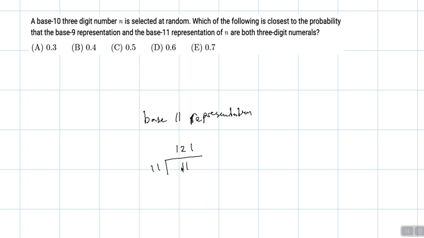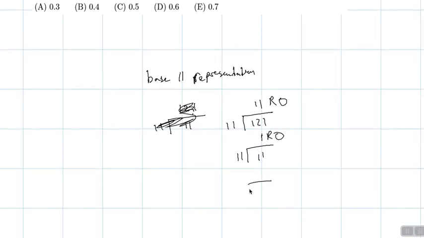So for example, 11 times 11 is 121, remainder 0, and we keep this 11 goes here, and we keep doing this, 1 remainder 0, now the 1 goes down here, and so the base 11 representation of 121 is, we read these in reverse, 100.